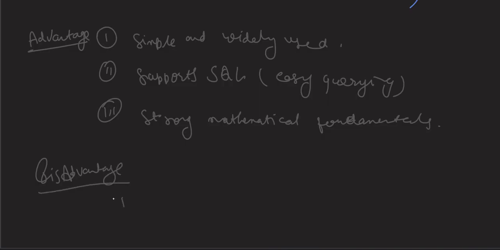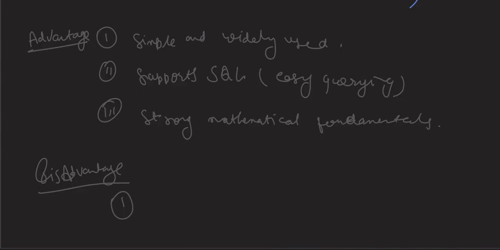So can you guess what the disadvantage in this can be? Just take your time and think about what the disadvantage of the relational model can be. So you are right. It can be slow for a large data set because the data is in the form of tables.